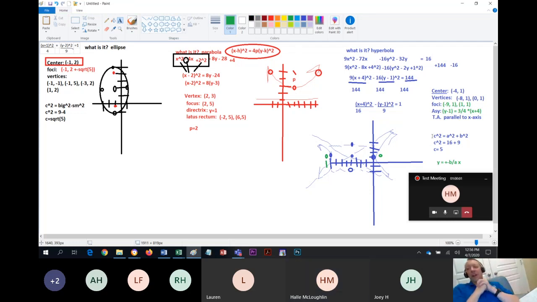That's perfectly fine. I would rather you left it like that than moved it all around. So the asymptote on that hyperbola is a little bit tricky.